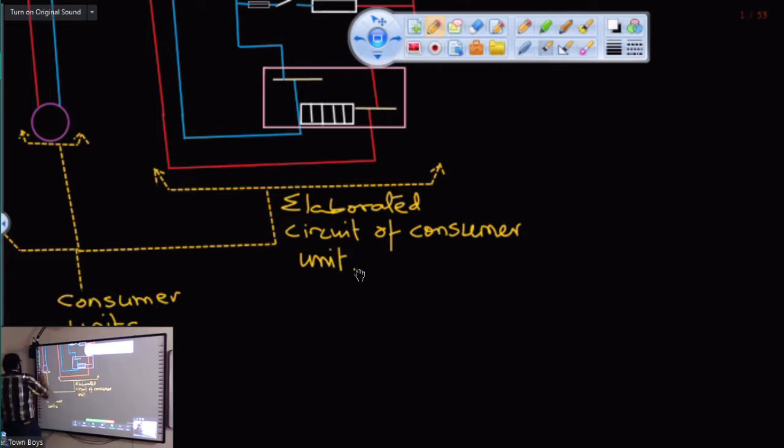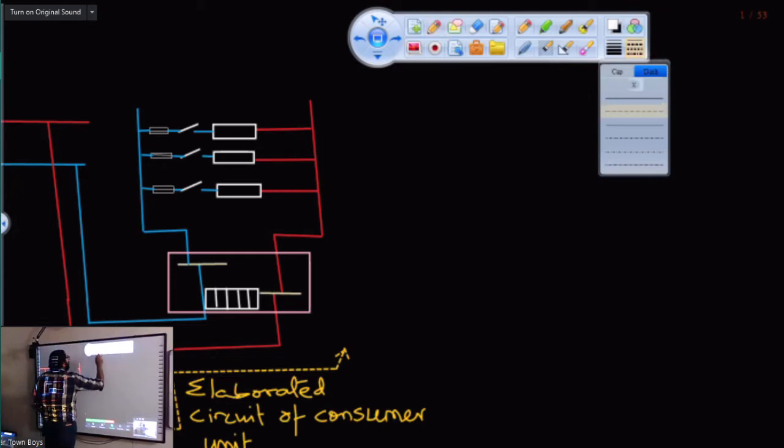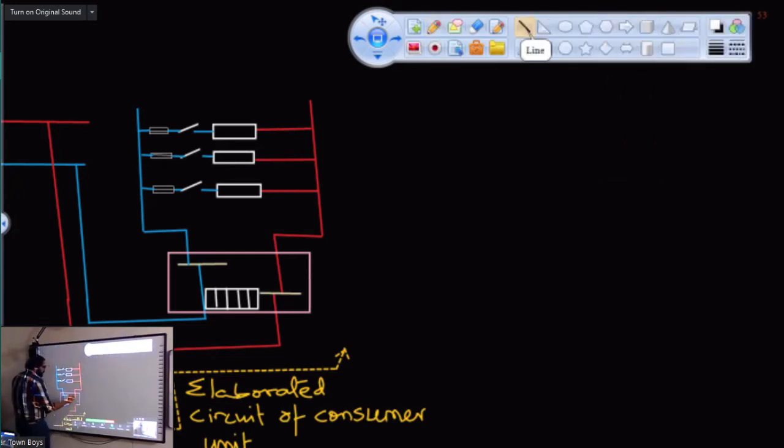A few more labels I would prefer to add over here. Number one, this electricity meter. Then this as fuse. This as switch. And we have this as a load.